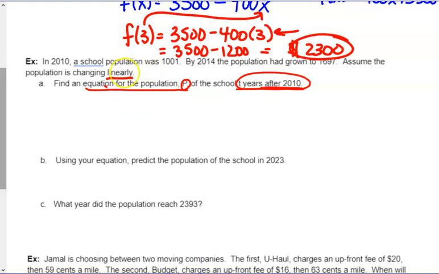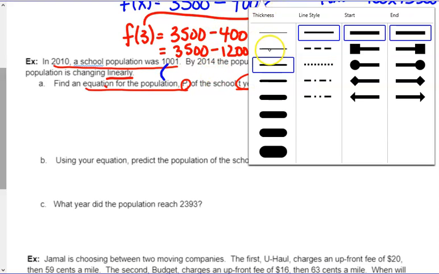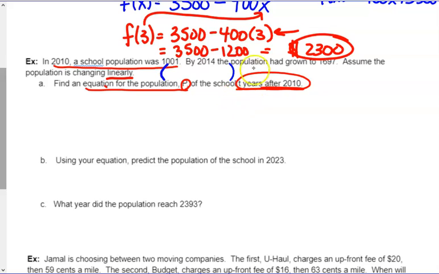So if I were to come back to this bit of information, and I want to create some ordered pairs, I can create 2 ordered pairs if I choose, so that I can model the situation at hand here. Okay, so I'm going to do 2 different ordered pairs. And again, since this is T years after 2010, well, on 2010, we're acting that as year 0.